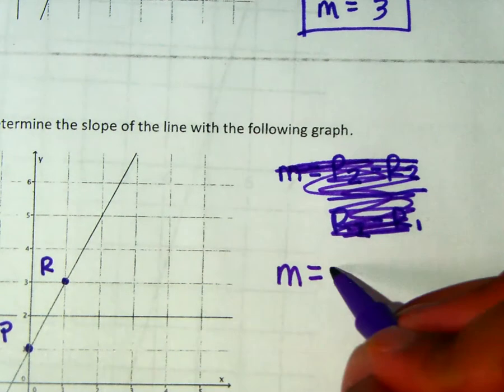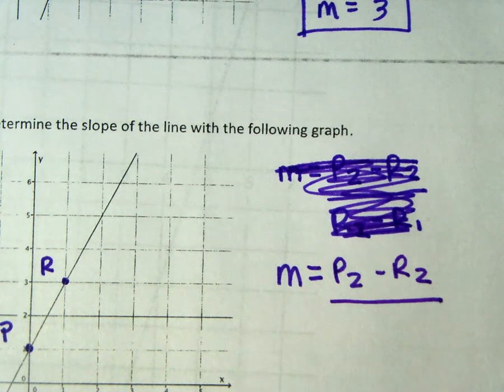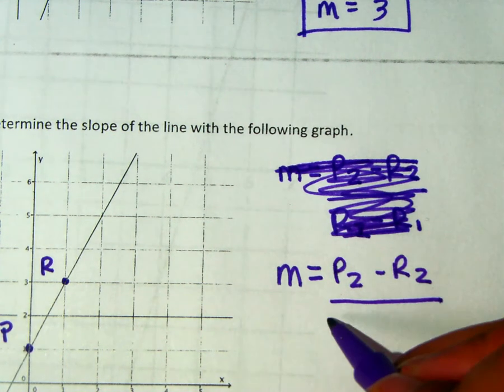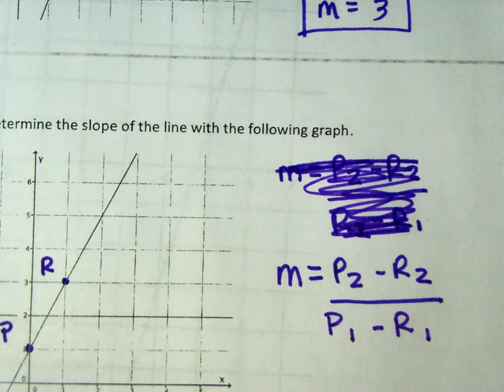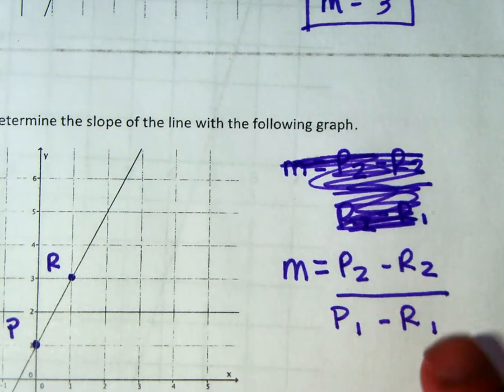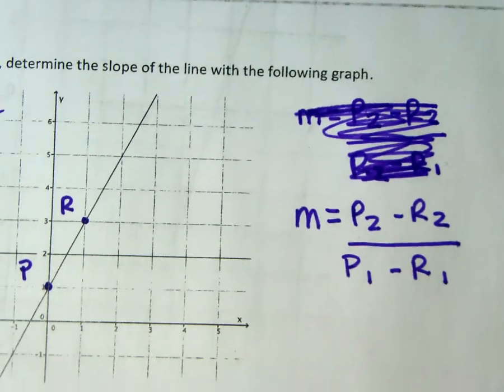Slope is found by taking P2 and subtracting R2. Then we're going to divide that by P1 and subtract R1. Want to make sure 2's are in our numerator and 1's are in our denominator. Give you a couple seconds to work ahead of me. Let's go ahead and calculate the slope of this graph.